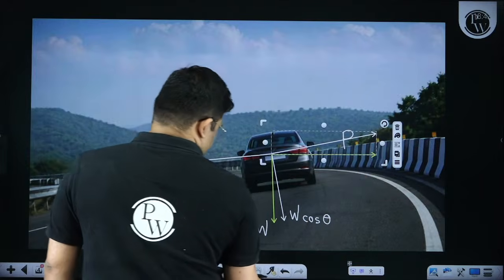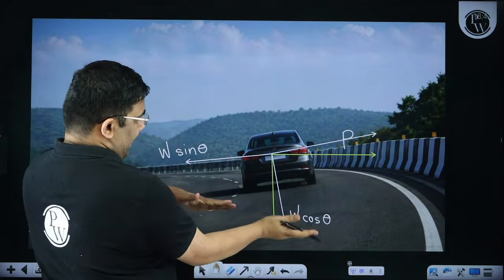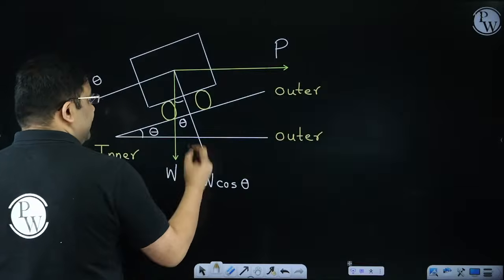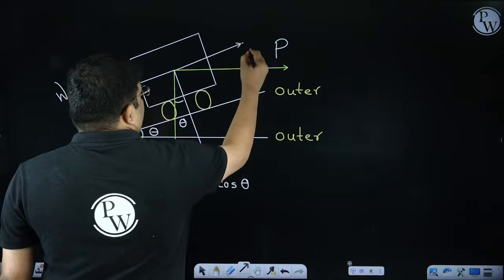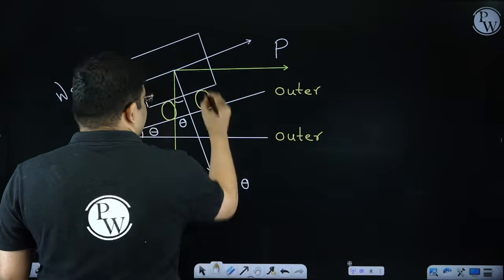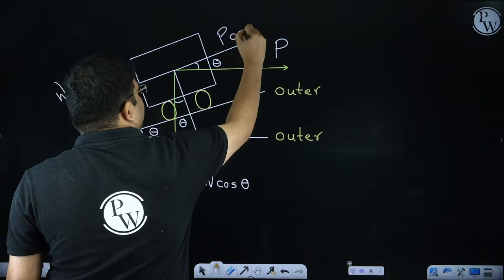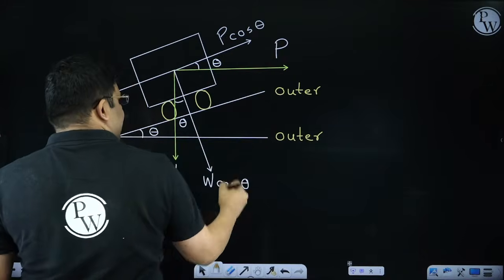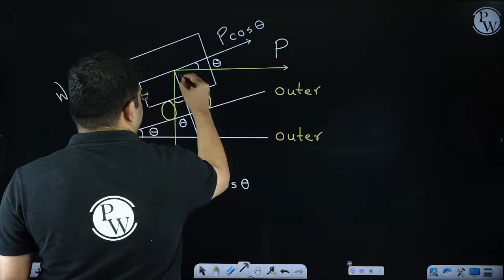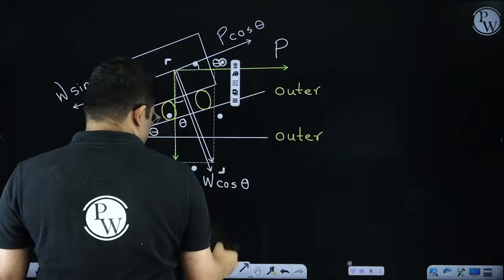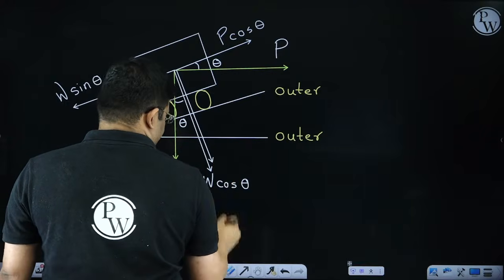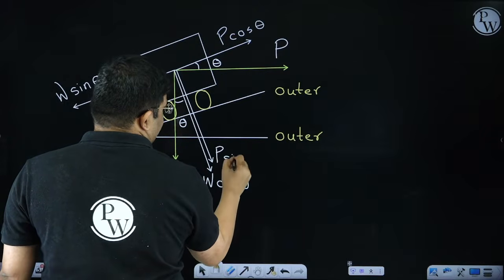See, this road is inclined by angle theta, so this angle also will be theta. This will become P cos theta, and along this direction there will be another component of P, and that will be P sin theta.